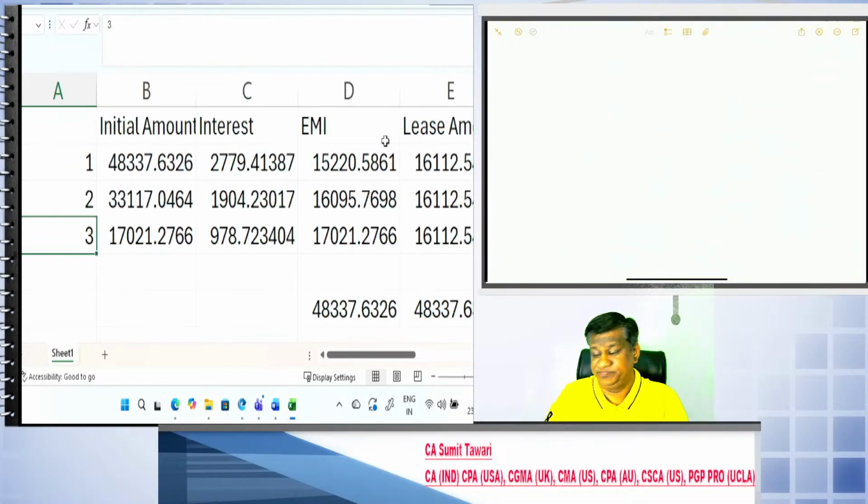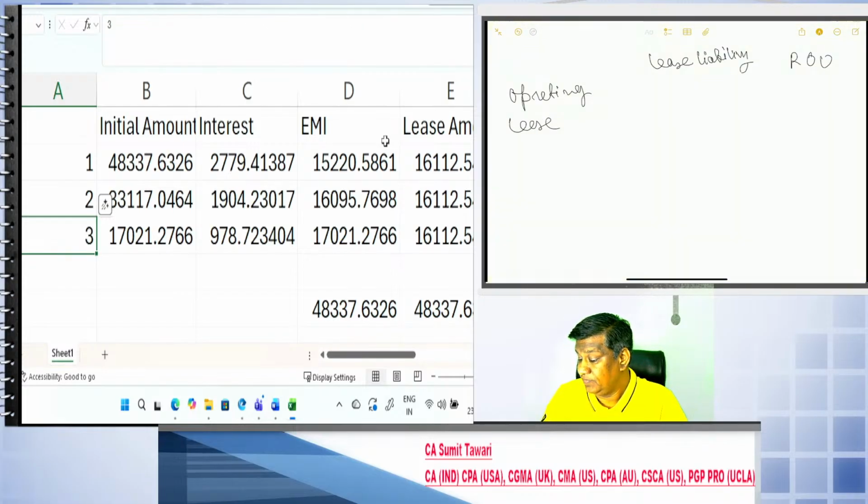Okay. So in the operating lease, it is the EMI amount we need to reduce.